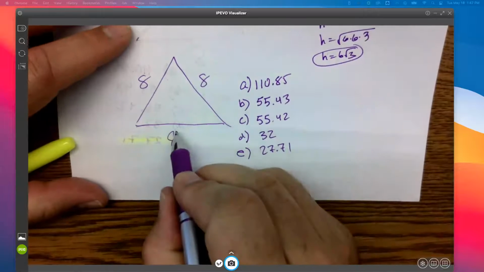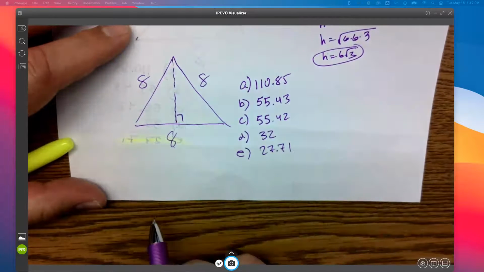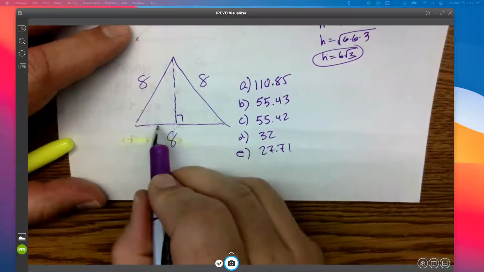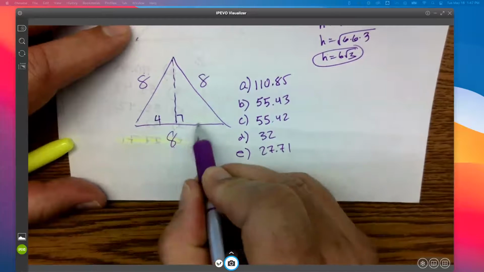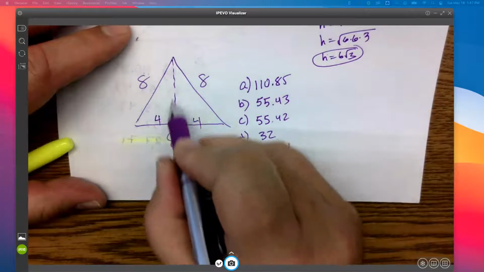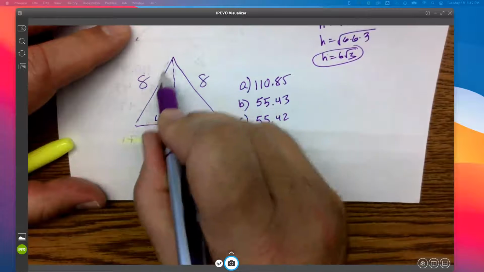Okay, so if this side is 8 and we drop the altitude, how does this thing split? How big is this? 4, and that's 4, which means how long is this? This is 4. This is twice 4.